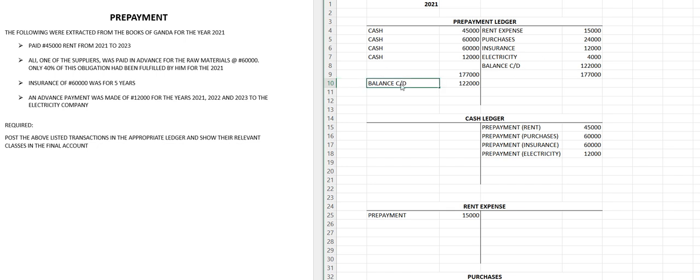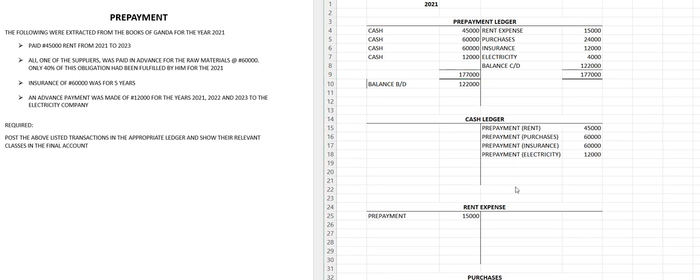Here will now be BD, not CD anymore. So you do it like this so that you differentiate between each one. Now you create this double border to differentiate it. Right, so that is that on this.